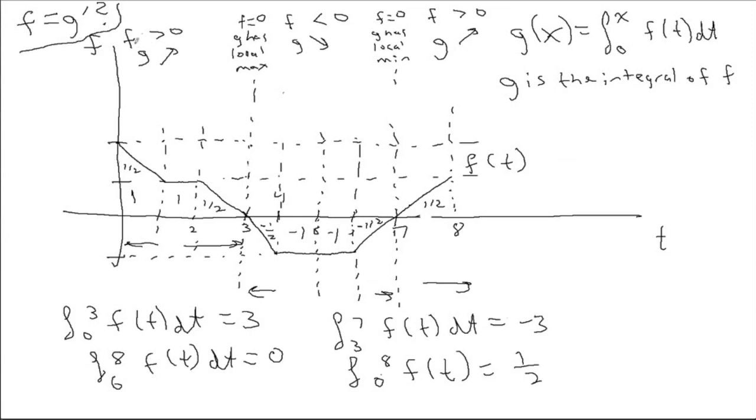It seems like f is playing the same exact role here that G prime would have played in the earlier chapter, right? Because we saw that when the derivative of G is positive, G would be increasing. When the derivative of G is negative, G would be decreasing. And where G prime is 0, that's the candidate for G to have a local min or max.